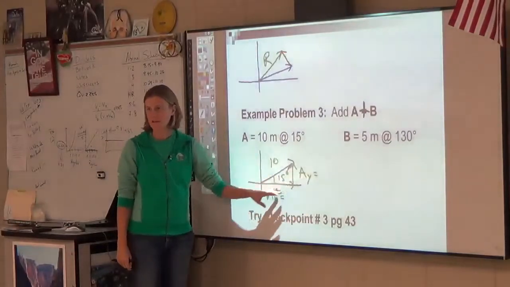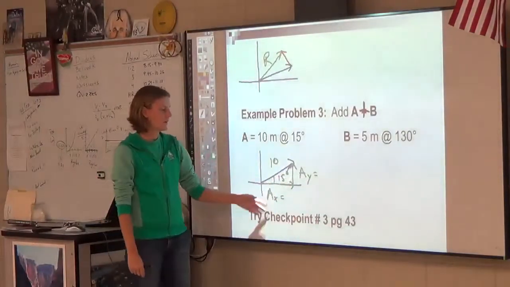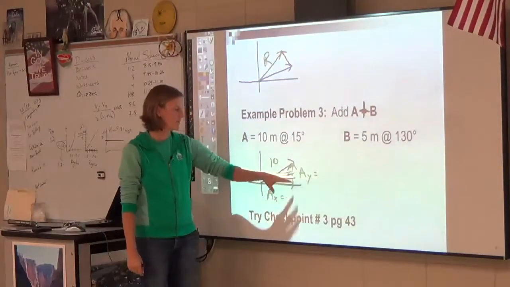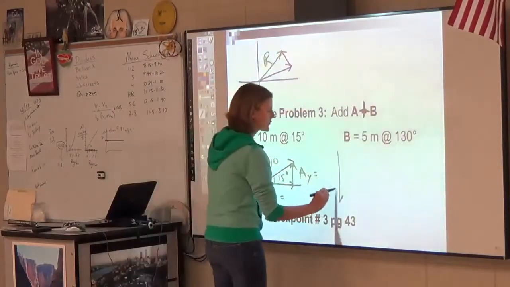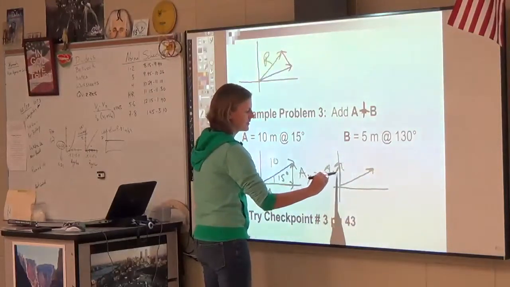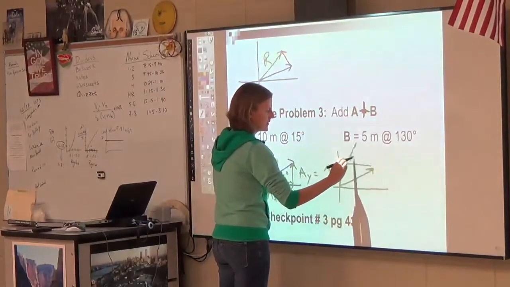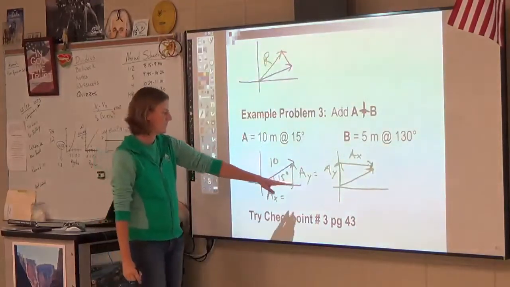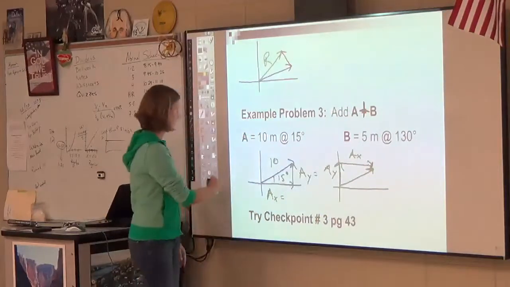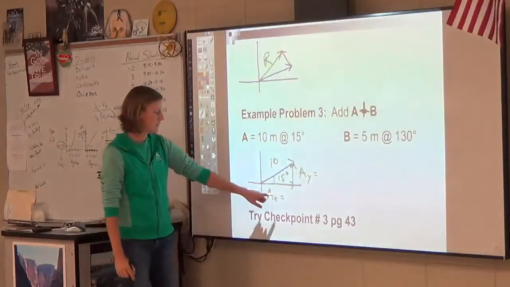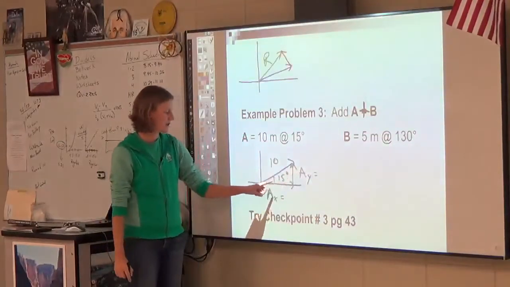And I don't necessarily like you to get in the habit of thinking Ax always means I need to do cosine, or Ay is always sine, because you could have just as easily drawn your triangle by drawing Ay first. That would give me the same resultant. Doesn't matter the order. So just sketch it out however you want to sketch it out. Look at your sketch and decide what is the appropriate trig function to solve for that side.